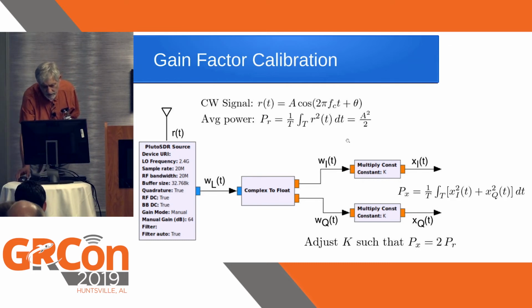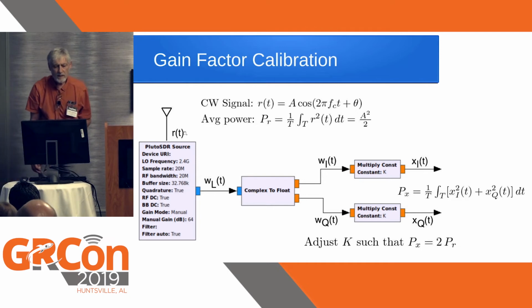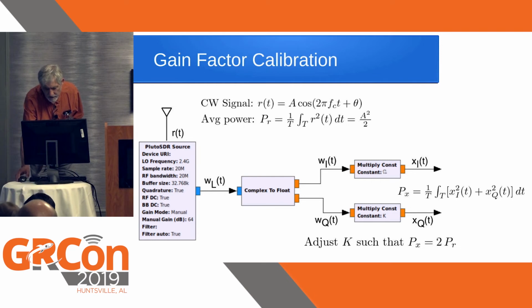So your only really good way of calibrating this is by looking at the power of this here, which is the in-phase component squared plus the quadrature component squared, and relate that to this actual received power. And then you adjust your constant K in here so that you know what the relationship is between the power here and the power in the digital baseband output.